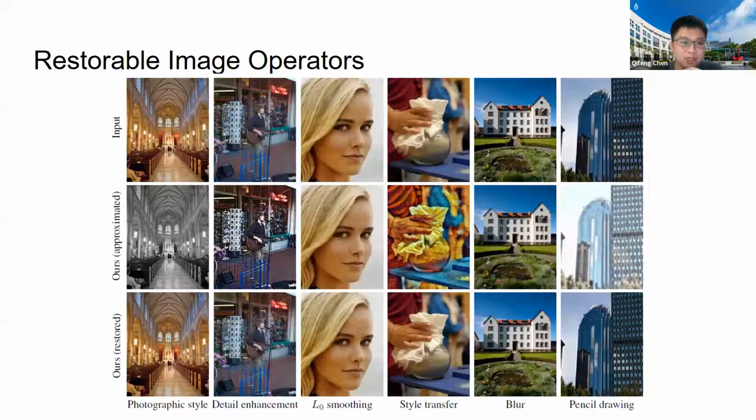So for example, in the first row, we can use our model to generate the desirable image processing result. At the same time, we can restore the original image, because we don't want to keep two copies. For example, in our smartphone, if we have this image and we do some image processing, we get this one.